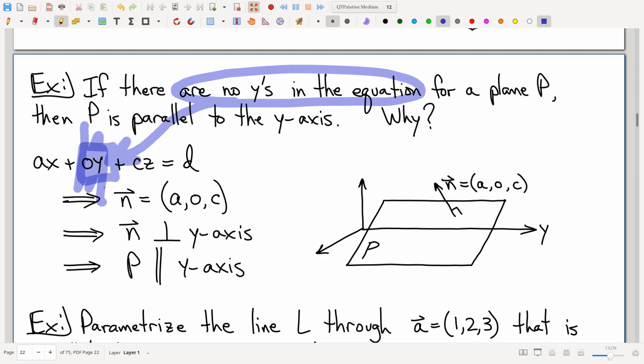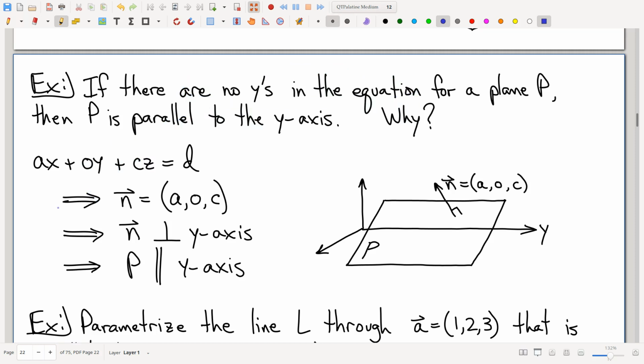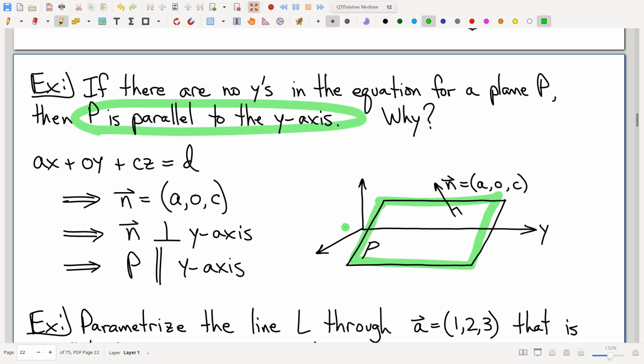Most of the time, you just won't write that at all. Easily noted, by the way, right? If there's no y's in the equation, that's an eyeball glance. You just look, yep, there's no y's in that equation. Right? Super easy to tell. And for that low cost of an eyeball glance, you get to draw a very neat conclusion, which is that that plane has to be parallel to the y-axis.